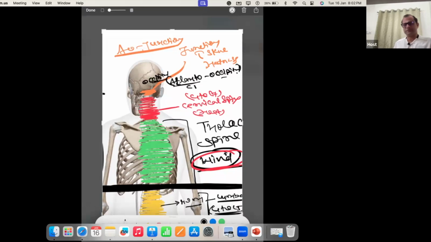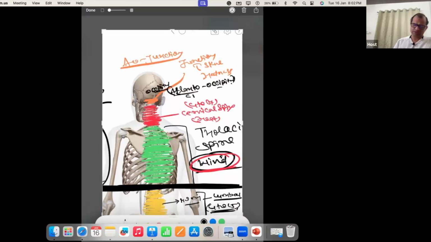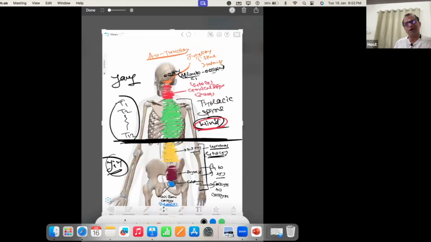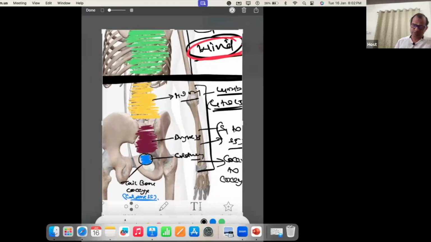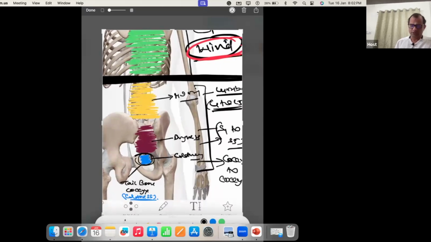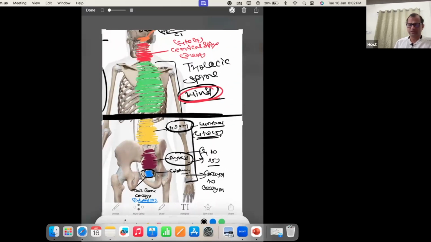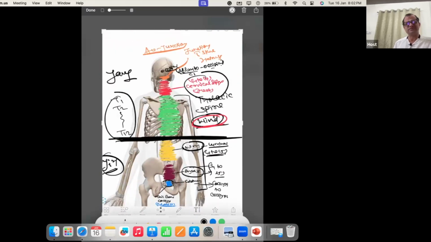Just remember it simply, we are not using this upper AO joint most of the time. ज़्यादातर हम other energies का प्रयोग करते हैं because most of the time we are using the pain of the tailbone, pain of the sacrum or the problem of the sacrum, problem of the lumbar vertebrae, or maybe thoracic vertebra and the neck. That's it. We don't go in the AO. So don't get confused with the AO.